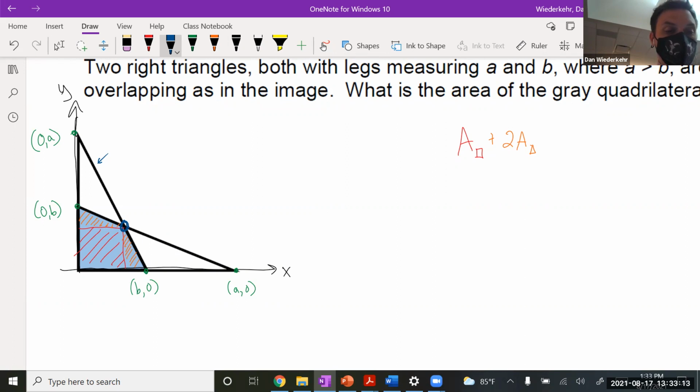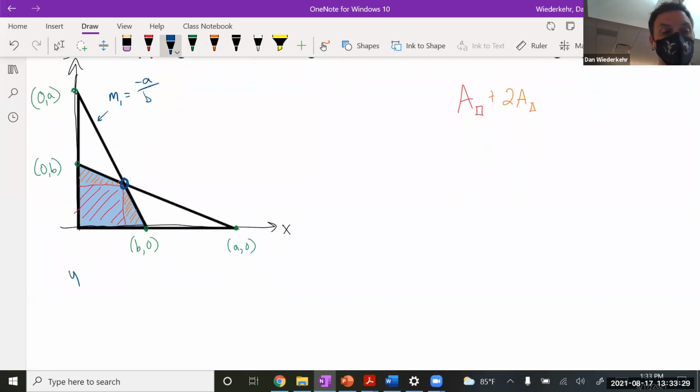All right, anyway, so let's go back to this line here, the one that starts way up here at (0, a) and comes down to (b, 0). The slope of this line, I'll call it m1, is change in y over change in x. So down a, right b, which means that the equation, y1, is negative a over b times x plus a.